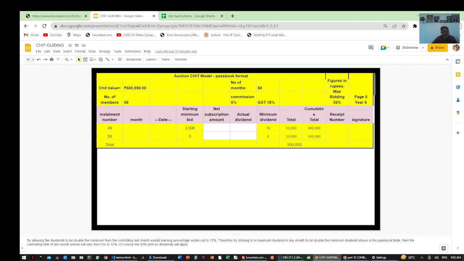And in such a way, at double the values, the controlling IRR will work out to 12%.